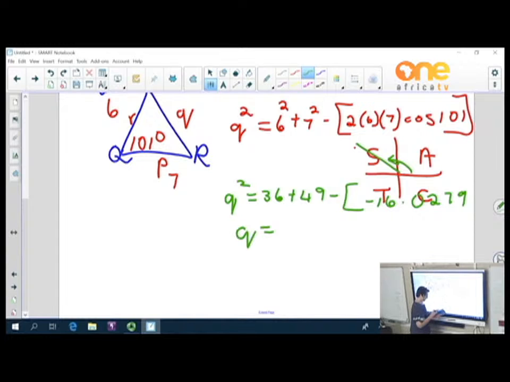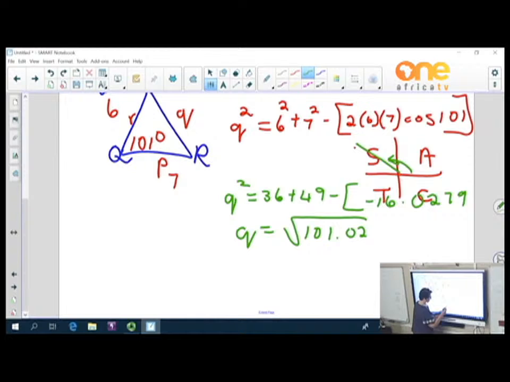So the next step is 36 plus 49. And now a negative times a negative is a positive 16.0279. So I have here in my root 101.0279. Let me just check if that one is right. 36 plus 49 plus 16.0279.